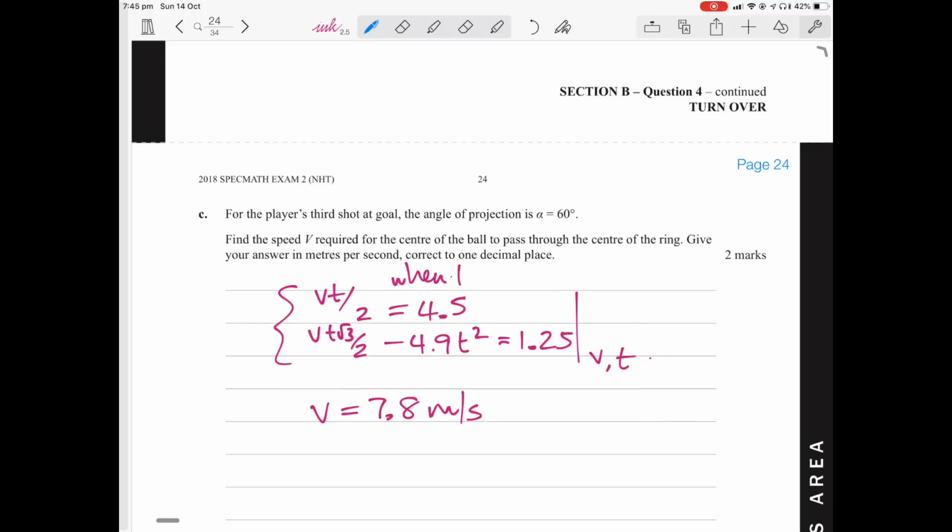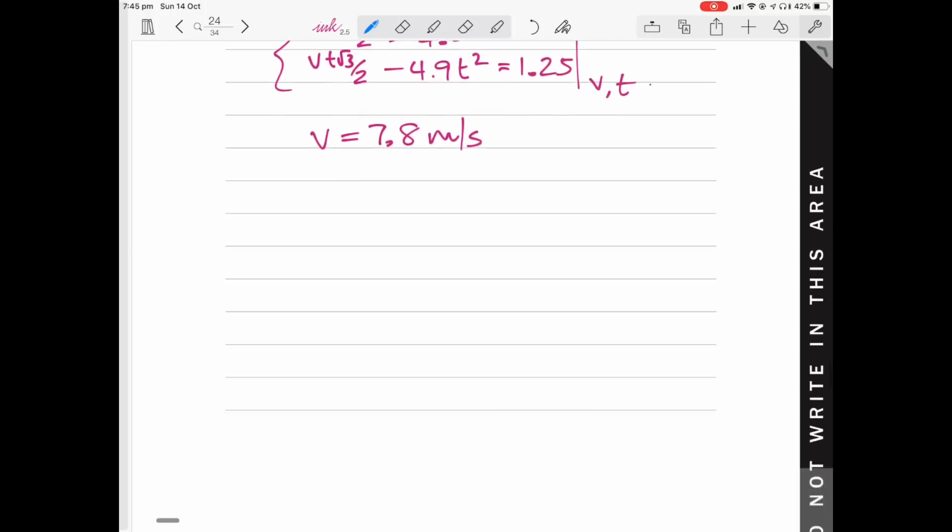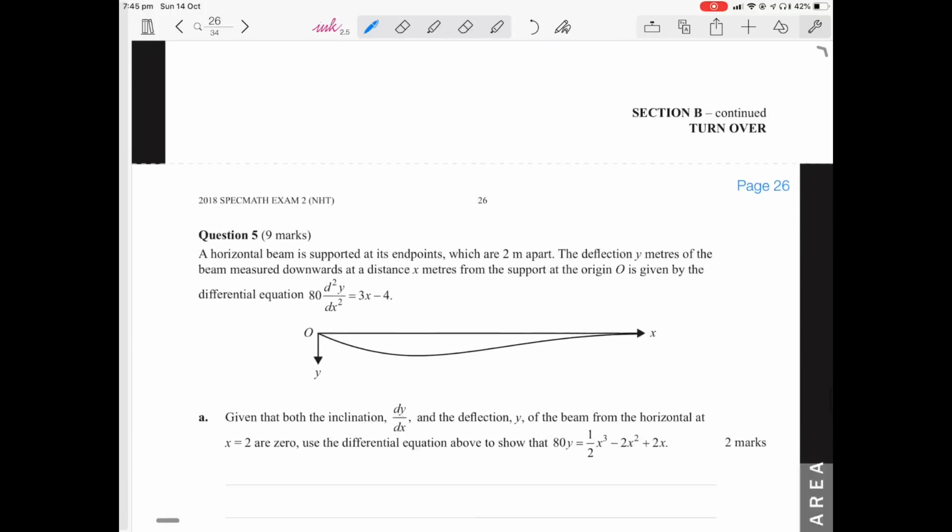So that's when the angle equals 60 degrees. I hope that's right. I'm not 100% sure though. Okay, we can always come back to it if we've got time.